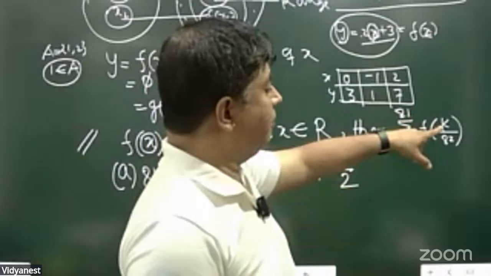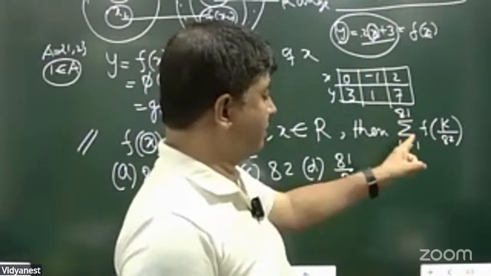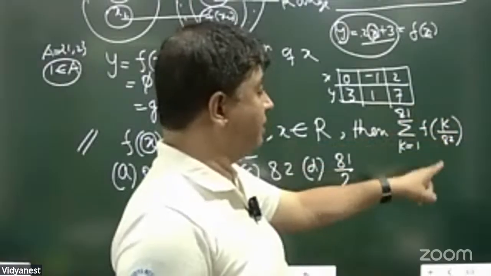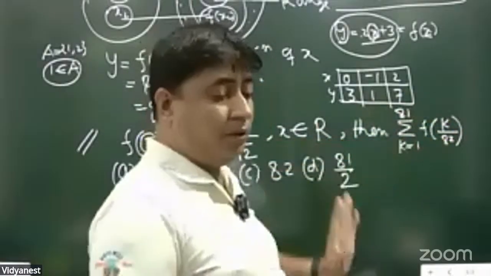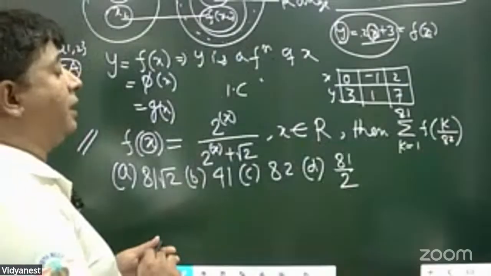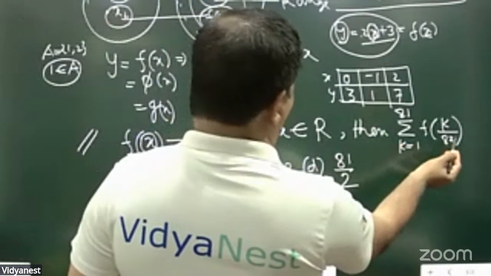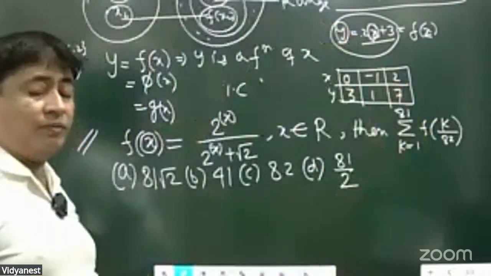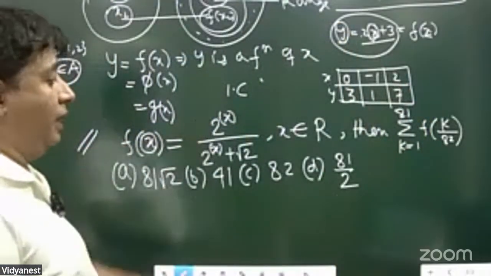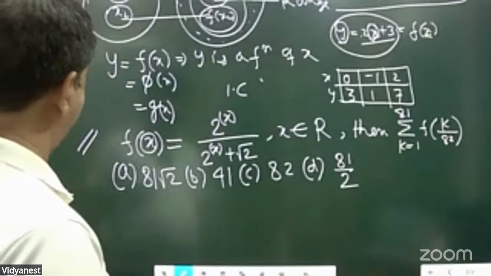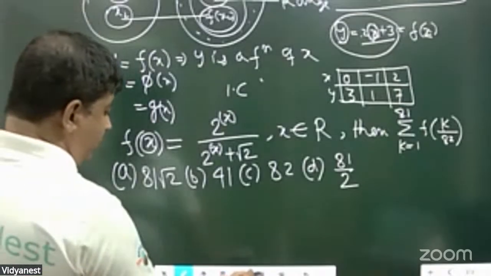Means I will put f(k1) plus f(k2), then f(k3). So this indicates the summation which starts from k equal to 1 and ends with k equal to 81. Okay, let us try.